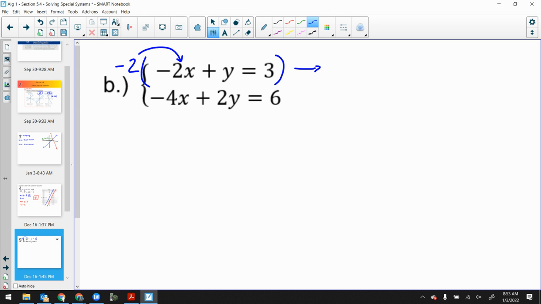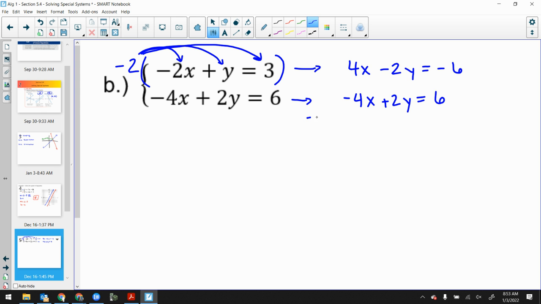So that's going to get me a positive 4x, a negative 2y, and a negative 6. The bottom is a negative 4x, a positive 2y, and a positive 6.